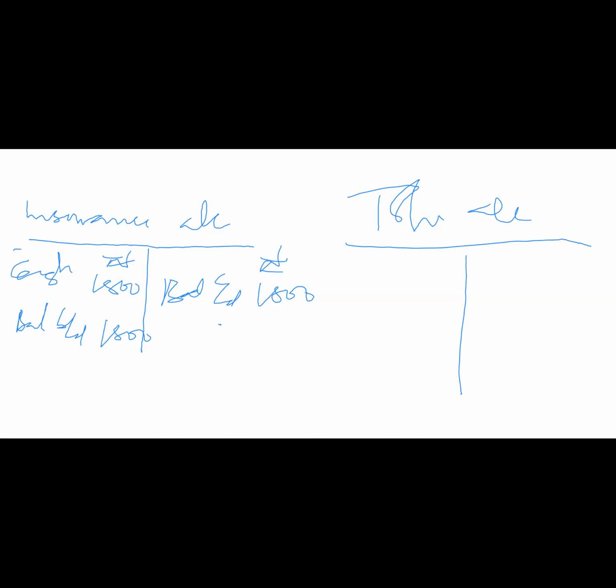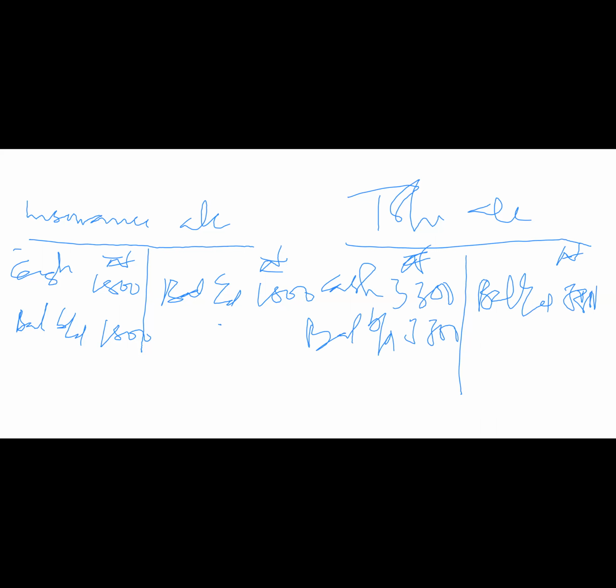So that would be cash 3,300, right? Then we have the balance CD of 3,300. Then we have the balance BD of 3,300. Do you understand now?